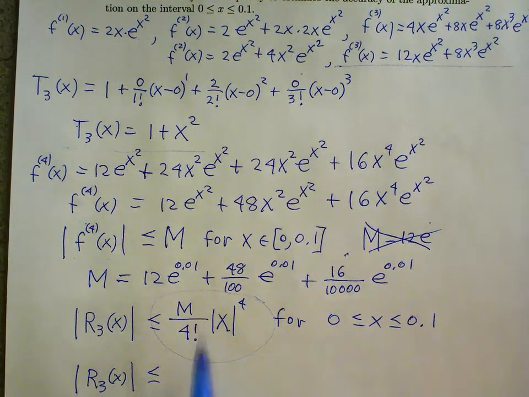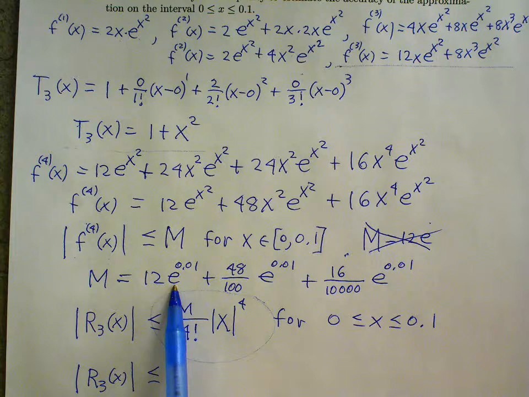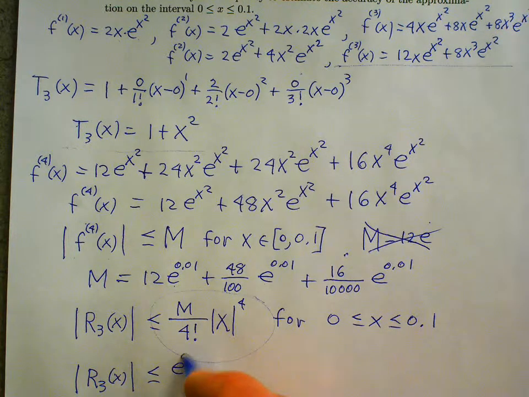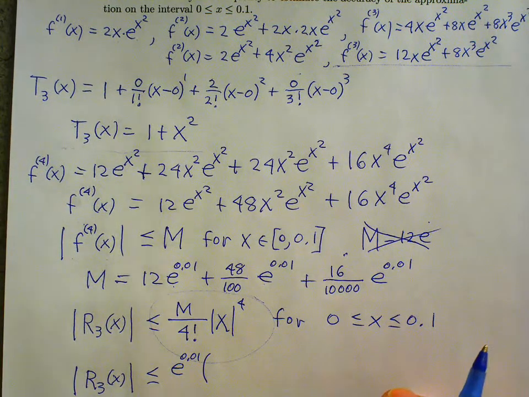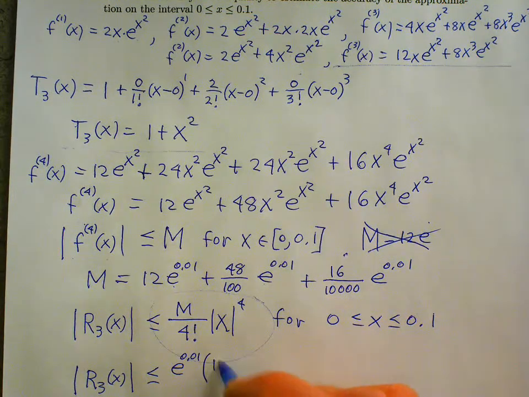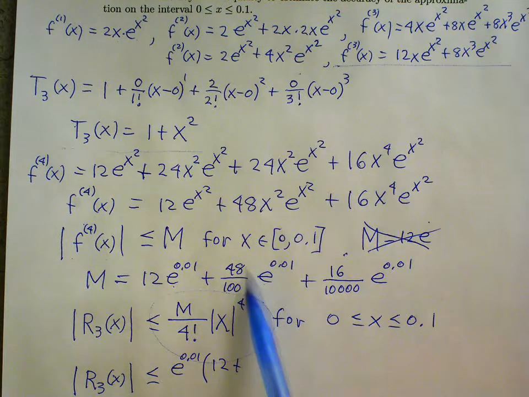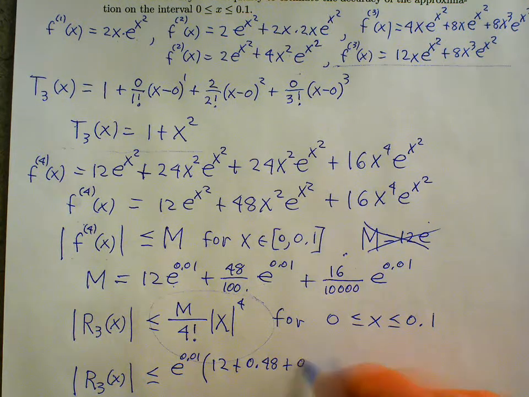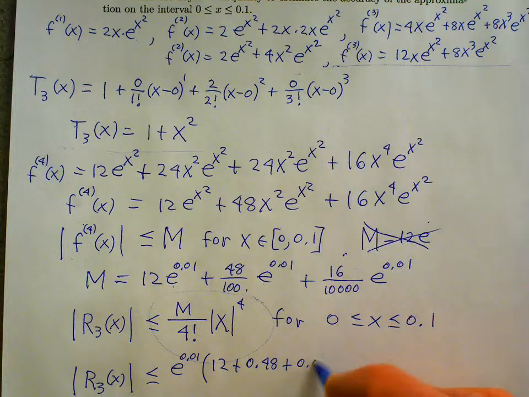If we factor e to the 0.01 out of all three terms, so e to the 0.01, and then times 12, 48 divided by 100 is just 0.48. And 16 divided by 10,000 is 0.0016, I think.